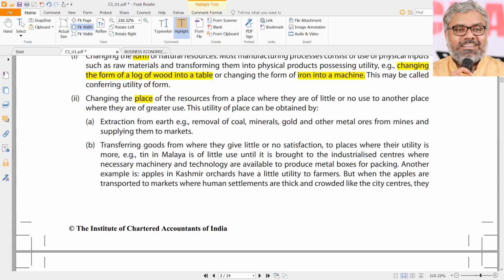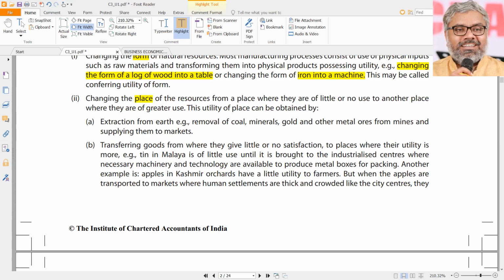The second utility generated by the production process is place utility. Fantastic, this is also, because once again, if you look at iron as an example, which is there in front of us everywhere, where was this iron coming from? Do you know that? We don't know that. We cannot source that actually. But definitely it is not cultivated, or it is not just behind our backyard, right?